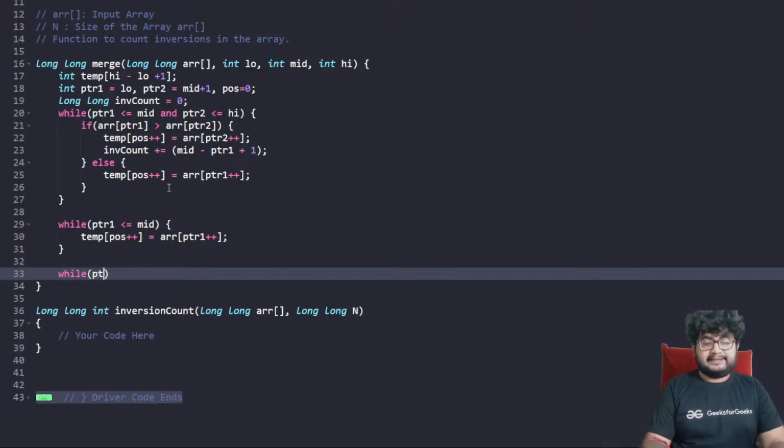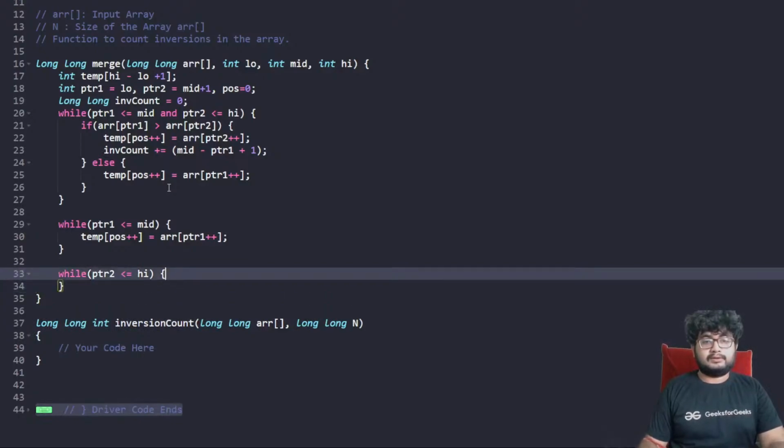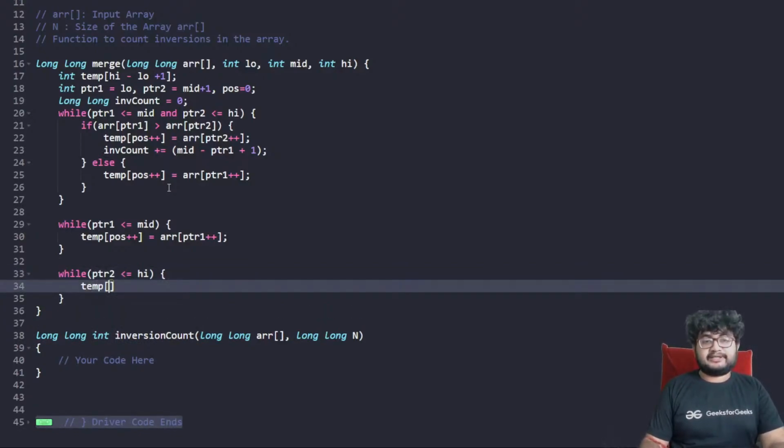While ptr2 less than equal to high, this is standard merge operation, temp of pos plus plus equals ARR ptr2 plus plus.